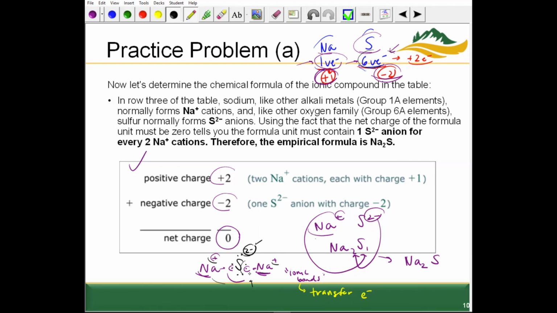When electrons are fully transferred, that's when we see plus signs and minus signs, rather than a partial positive charge or a partial negative charge. This is a full-on positive charge and a full-on 2 negative.